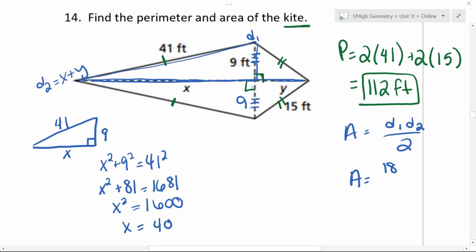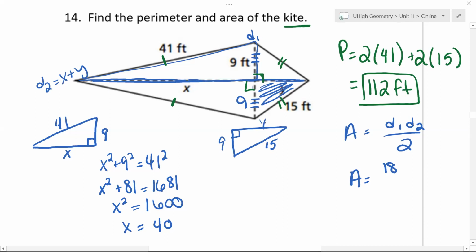Okay, now I can look again at one of my other sides. So I could look at this bottom right triangle that's created. Again, I'll redraw it so we can see it a little bit better. My hypotenuse is 15, one of my legs is 9, and the other leg is y.